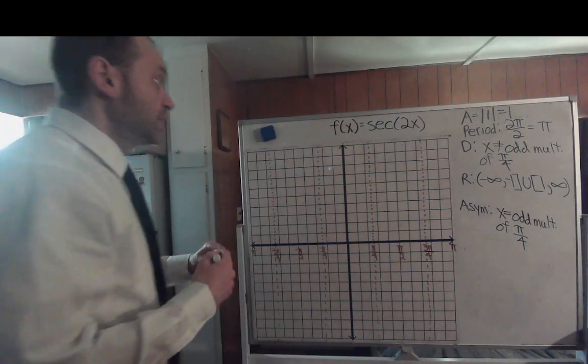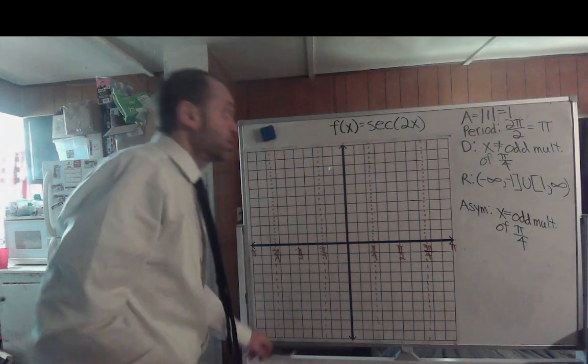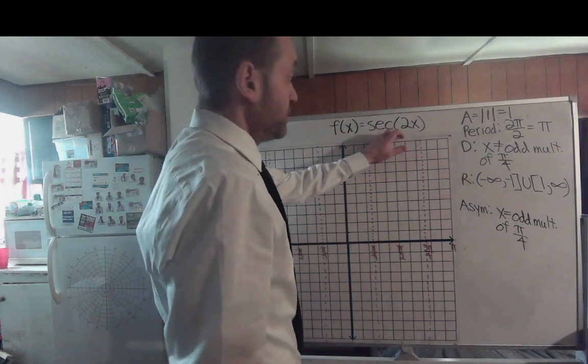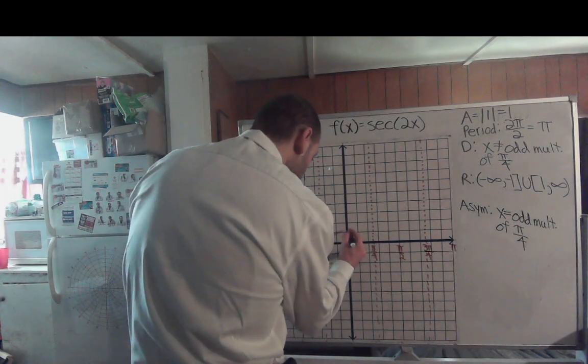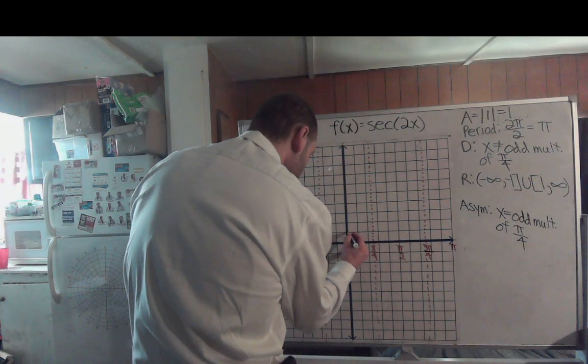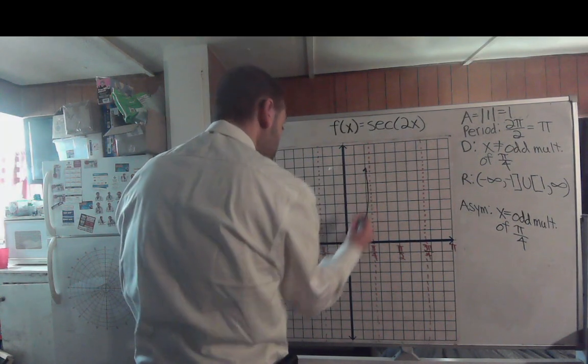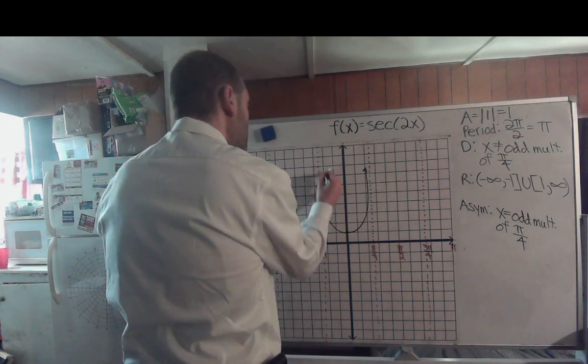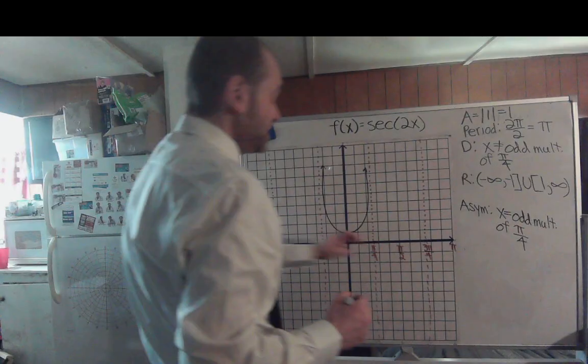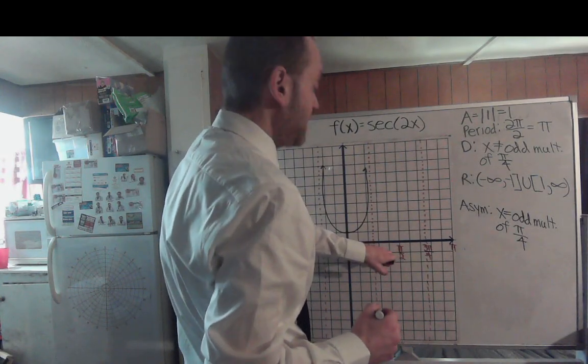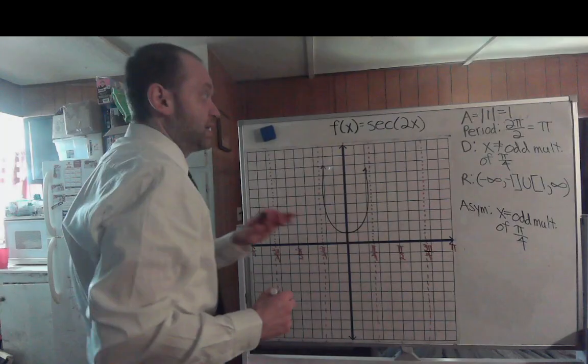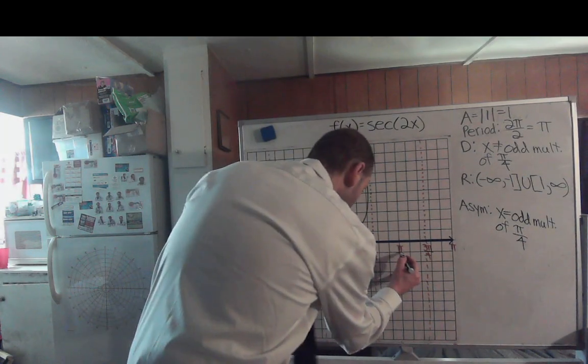Alright, so let's take the secant, let's put in 0 for x. Well, you still get the secant of 0, which is 1, so at least one thing hasn't changed. Alright, if you put in pi over 2, you would actually end up getting the secant of pi, which is negative 1.